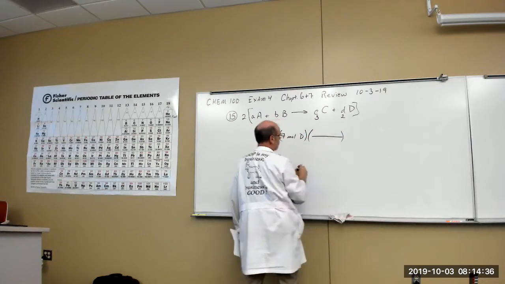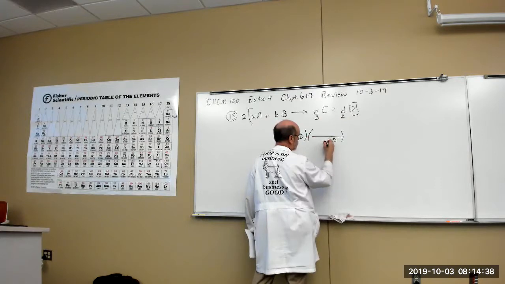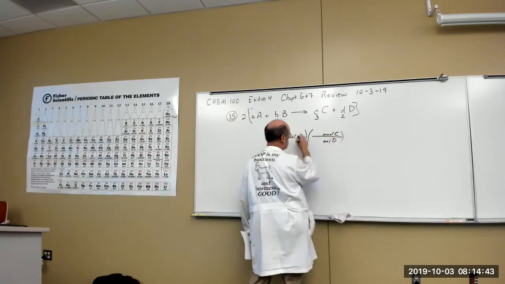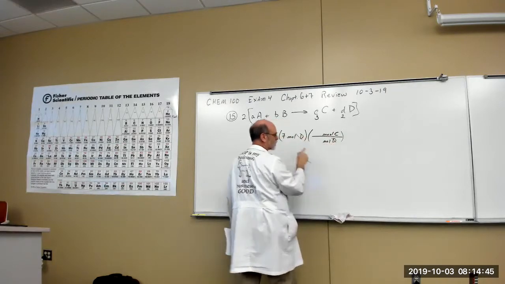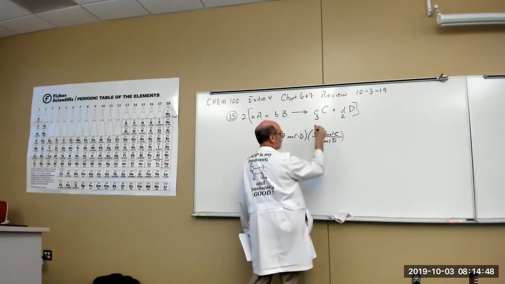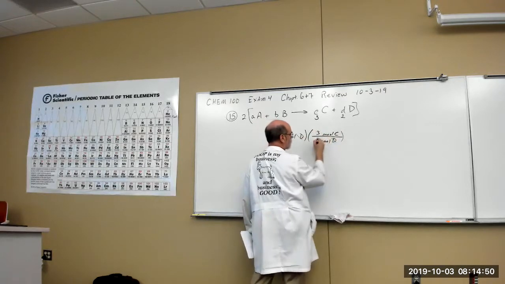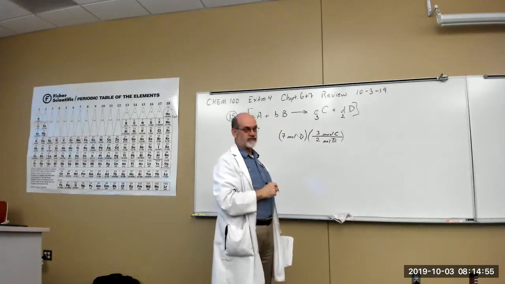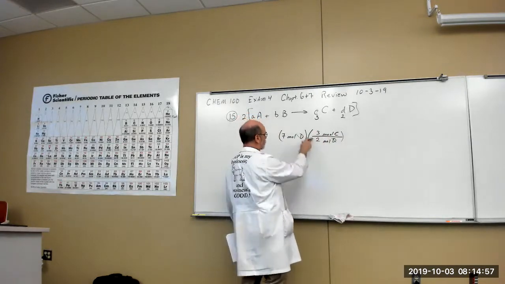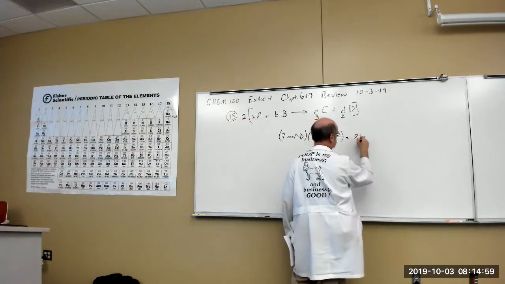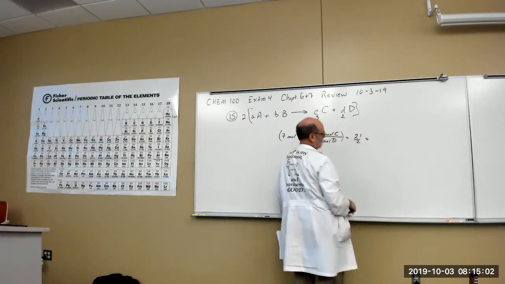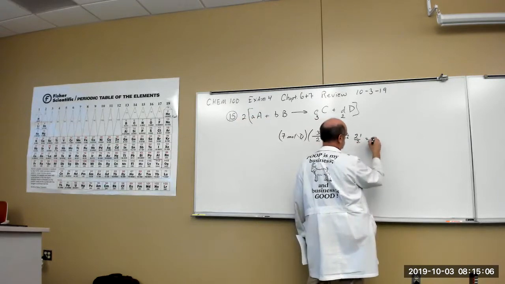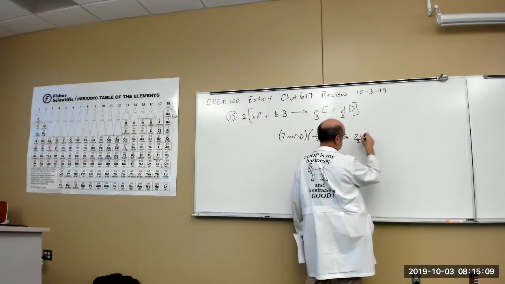You need a conversion factor that will convert moles of D to moles of C, so those cancel. So what's the ratio of C and D? Well, 3 for C and 2 for D. It's a conversion factor. So it's 21/2, or 10.5.